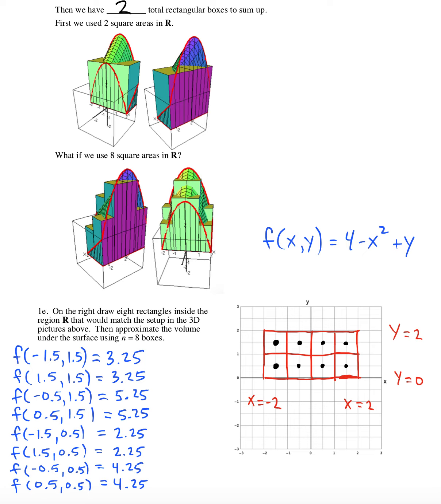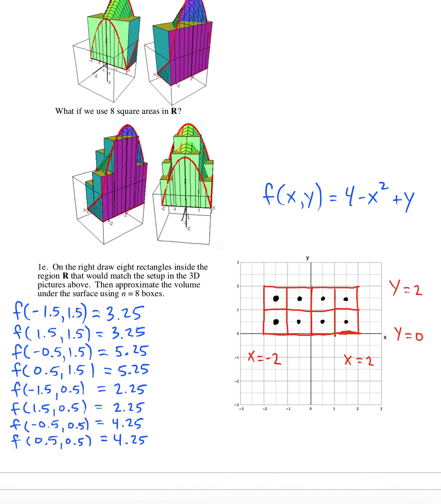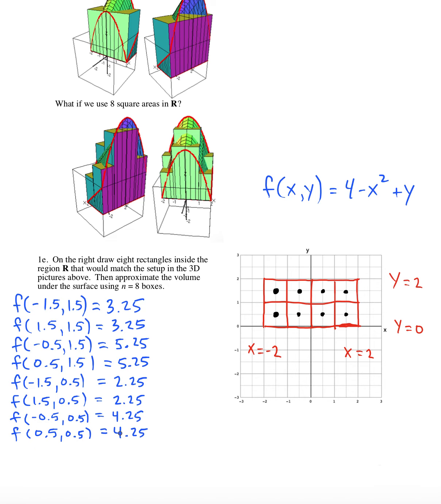Okay, so those are all the heights that we need. Now, in order to complete our sum, we're going to need to multiply all these heights by the areas of these rectangles. But luckily, these areas are all 1. Our delta A's are 1.